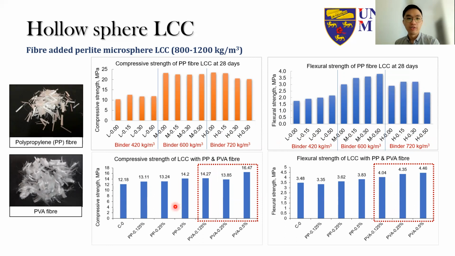Then we compared the PP fibers with the PVA fibers. Obviously, when we use the PVA fibers up to 0.5%, there is a more obvious increase in the compressive strength and also the flexural strength. For the PVA fibers, we believe that more than this 0.5% will be beneficial for improving the mechanical strengths and reducing the brittleness of this kind of Perlite microsphere LCC.